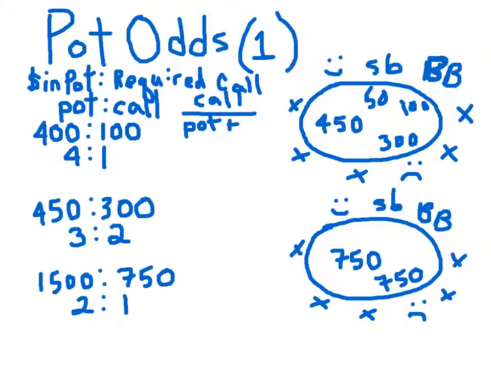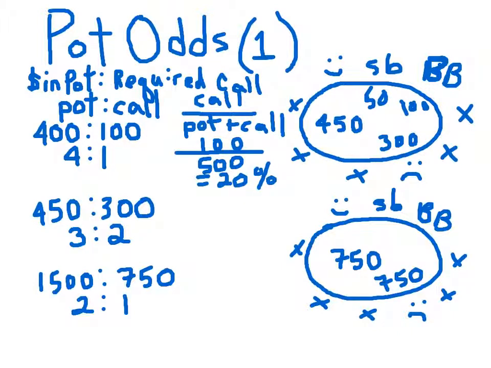In other words, the size of the pot after you make that call. So in this first example, it would be 100 divided by 400 plus 100, or 500. So our pot odds would be 1 over 5, or 20%. So you would say you had 20% pot odds.